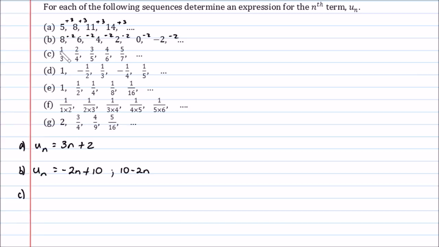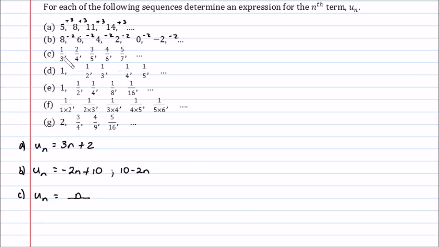My numerator goes 1, 2, 3, 4, 5, which are simply my terms for n. So I can easily state that my numerator is n. When n is 1, my numerator is 1. When n is 2, my numerator is 2. When n is 3, my numerator is 3, and so on.